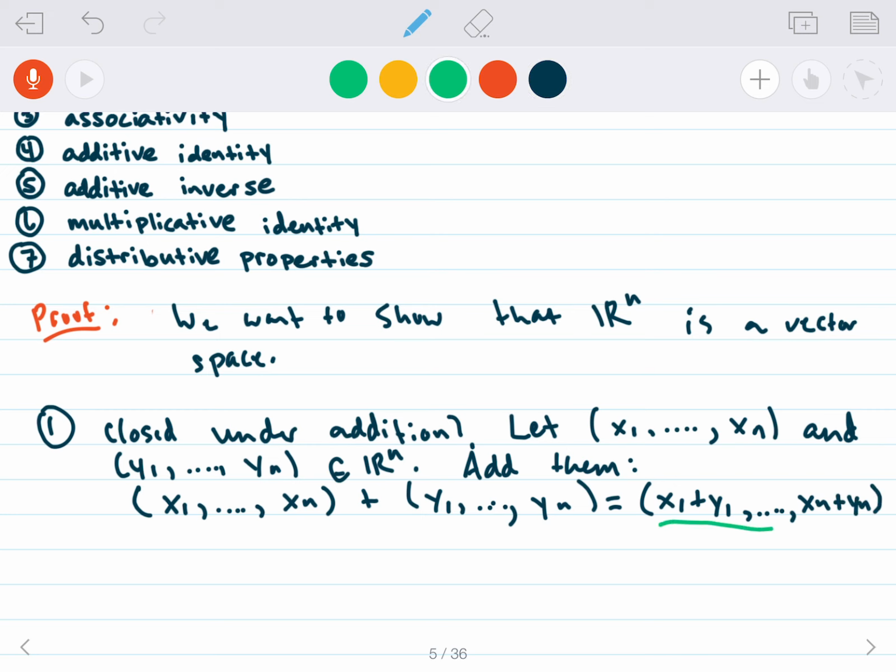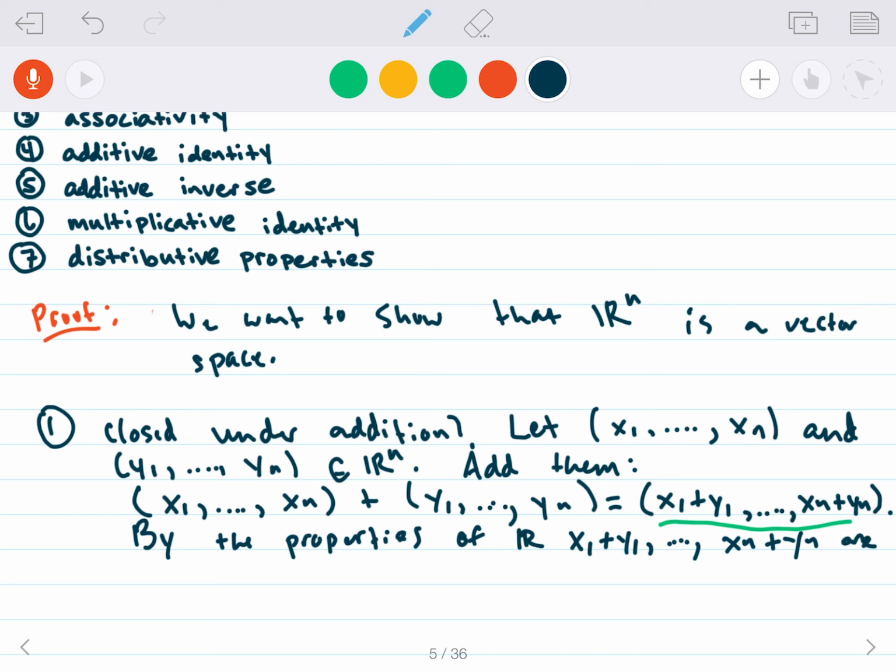Okay, so we added the 2 vectors, and by the properties of real numbers, x1 plus y1 all the way up to xn plus yn are real numbers. So Rn is closed under vector addition.